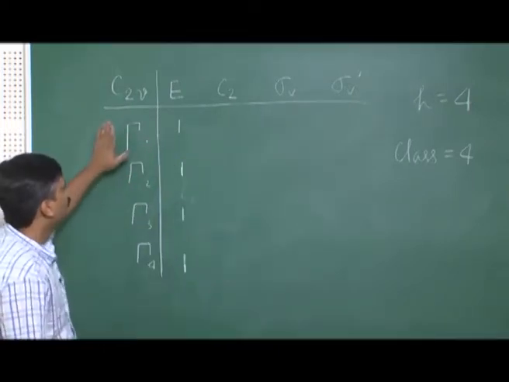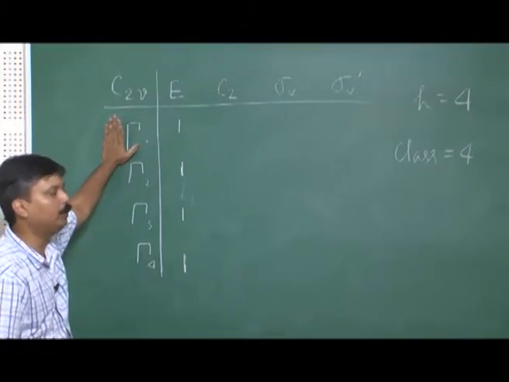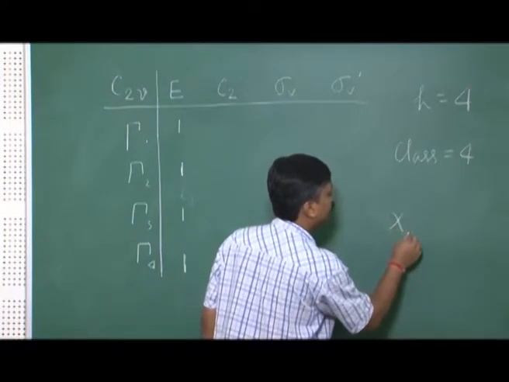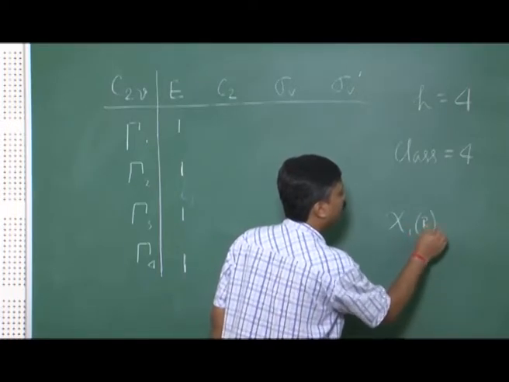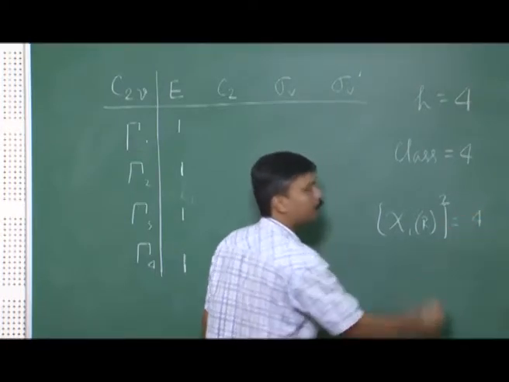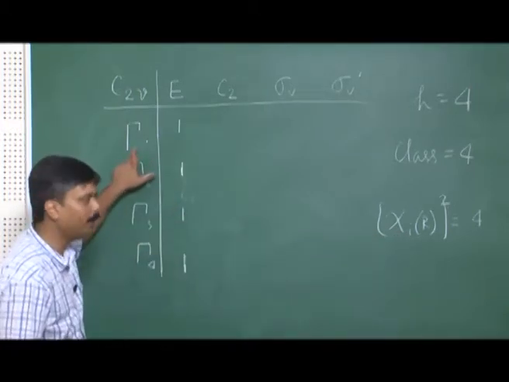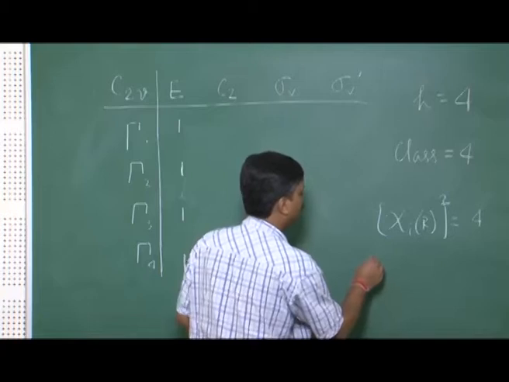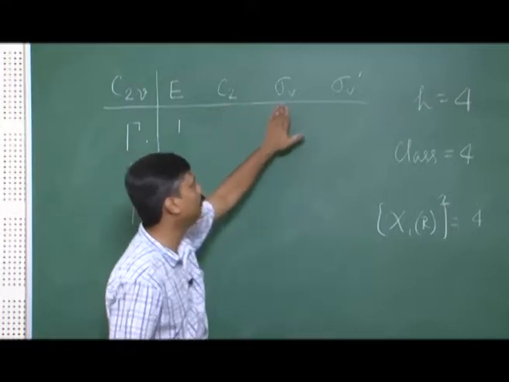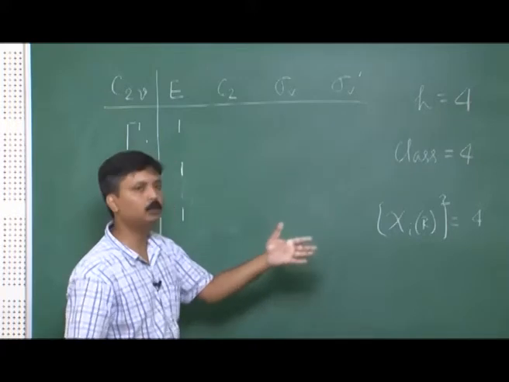Now, the first irreducible representation we can try to find in a way. If I go to rule 2, which says the sum of chi of R squared is equal to, in our case, 4, and suppose this is my gamma 1. Therefore, what I have then is chi of E squared plus chi of C2 squared plus chi of sigma V squared plus chi of sigma V prime squared is equal to 4.